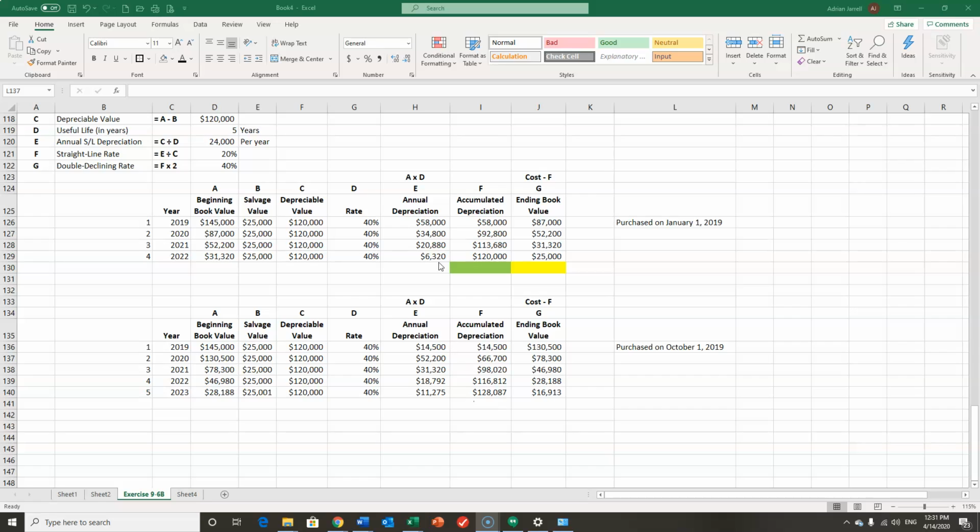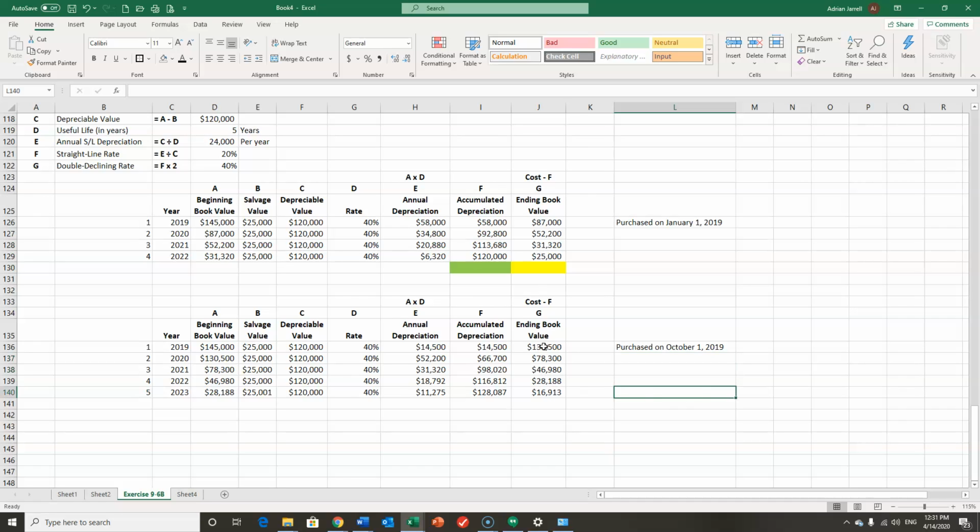In this case, you'll notice that the depreciation the first year is going to be some portion of a full year's depreciation, and it happens to be 3/12. So 58,000 is the depreciation for 1 year, times 3 divided by 12, is 14,500.